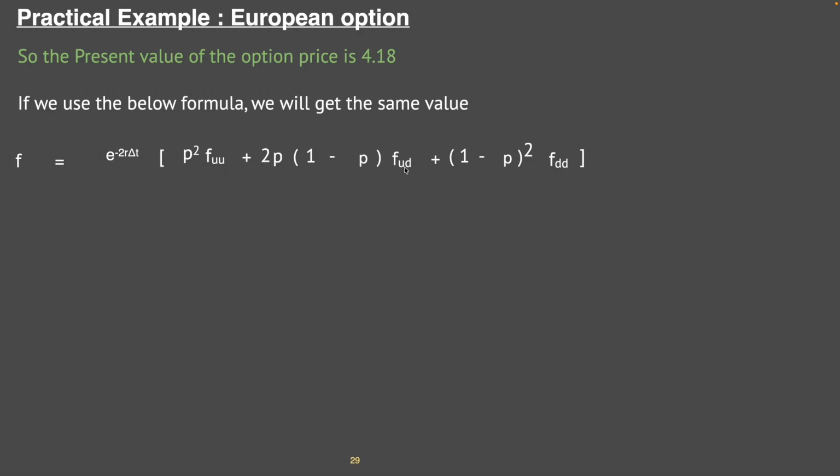plus 2p into (1 minus p) fud, plus (1 minus p) whole square fdd. So if we put those values, e to the power of minus 2r delta t is 0.92, p square is 0.6282 square into fuu, the value at the terminal at the top end, that is f22, which will be 0, plus 2p into (1 minus p), that is 0.3718, into fud, that is f21, which will be 4, plus 0.3718 whole square into f20, which will be 20.